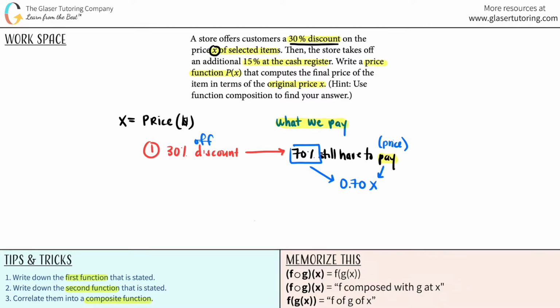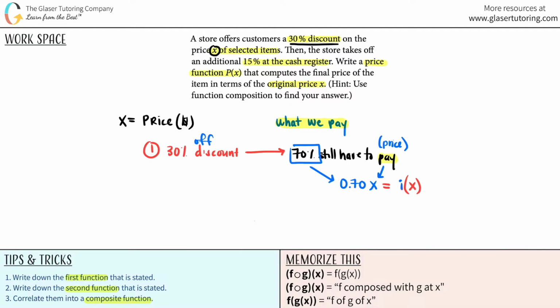That's our first function. Now we just got to call it something. So let's say that this was initial. So we'll say I of X. Remember, you always have to put something in parentheses. That's the variable that you use. Since we used X, the parentheses has to be X. So the I here just stands for the initial discount.